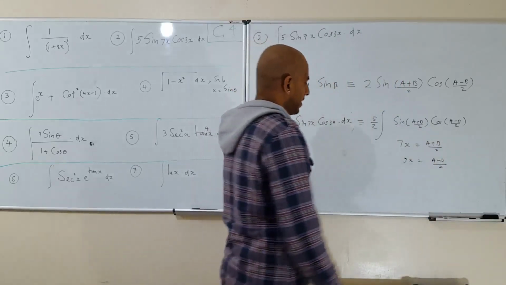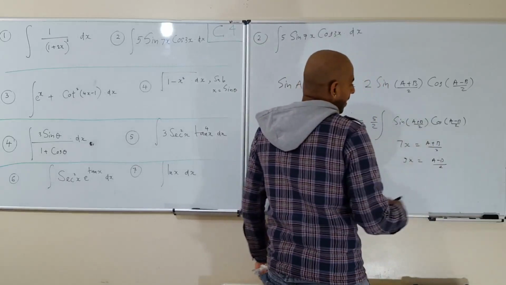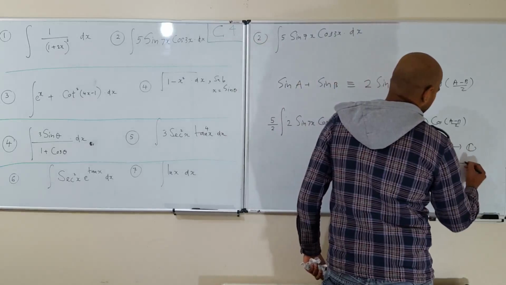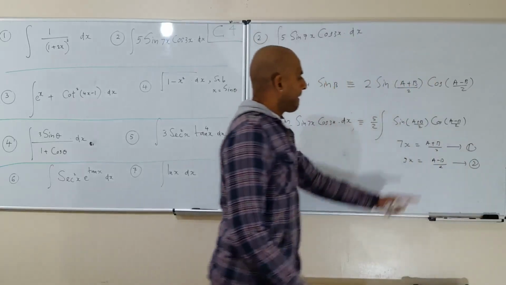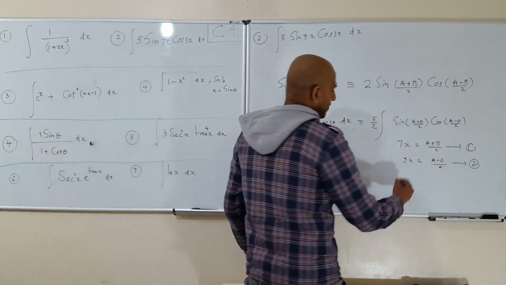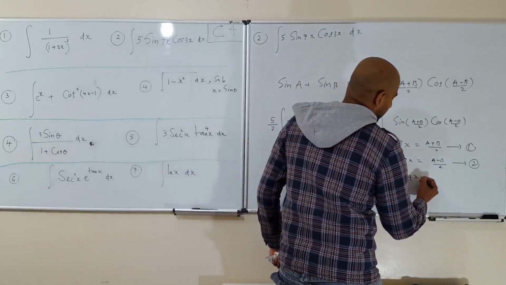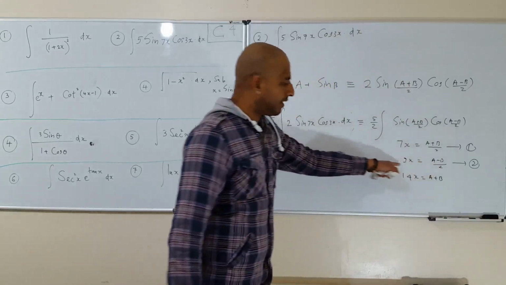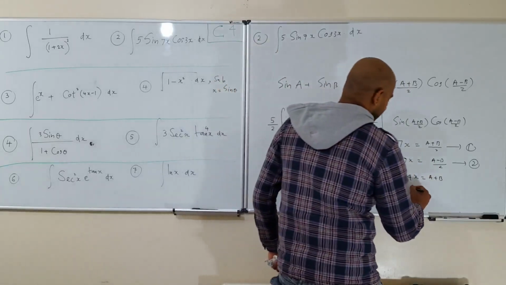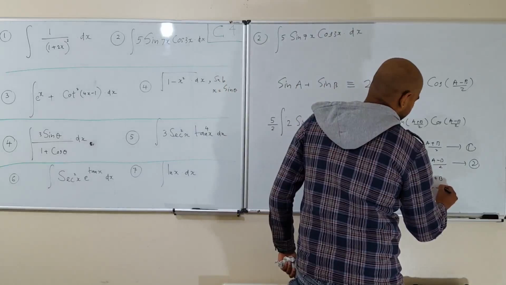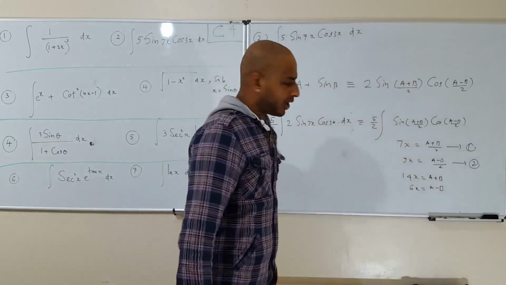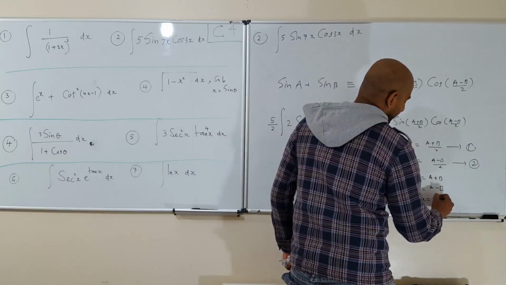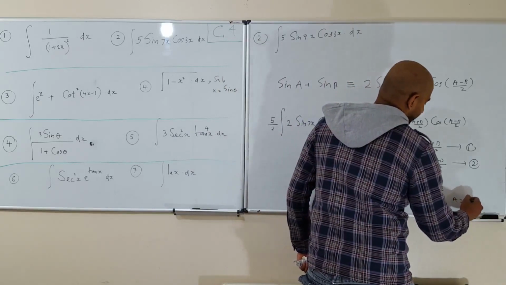Multiply the first equation by 2, we're going to get 14x equals A plus B. The second one, multiply by 2 again, we get 6x equals A minus B. Add them together, you're going to get 2A equals 20x, and A equals 10x.